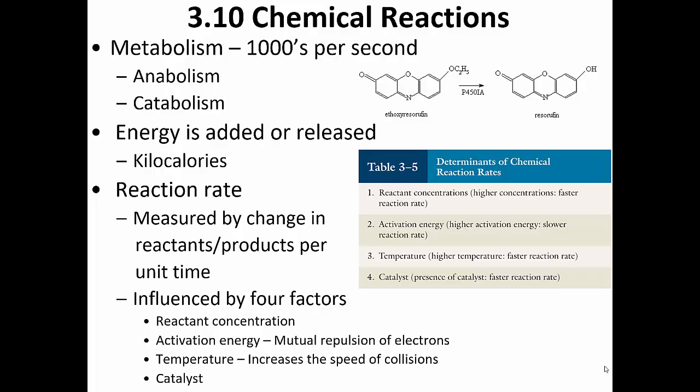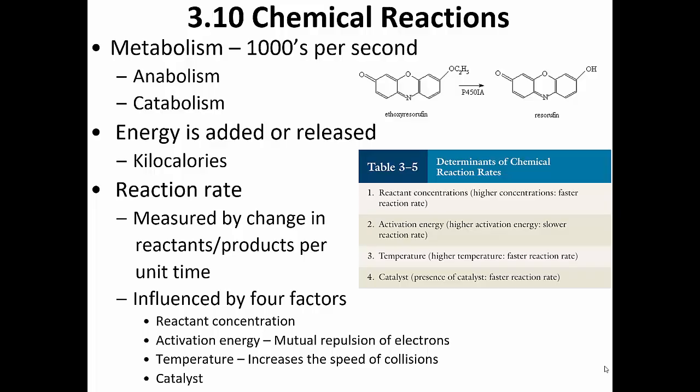So the reaction rate is most frequently impacted by four different factors. Number one, reactant concentration. Number two, the activation energy of the reaction, which is specific to the molecules involved and involves the repulsion of the electrons that are involved in the particular reactions.